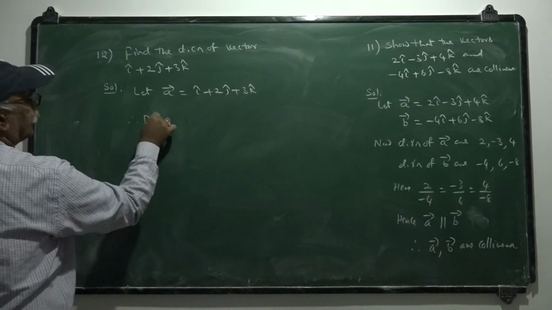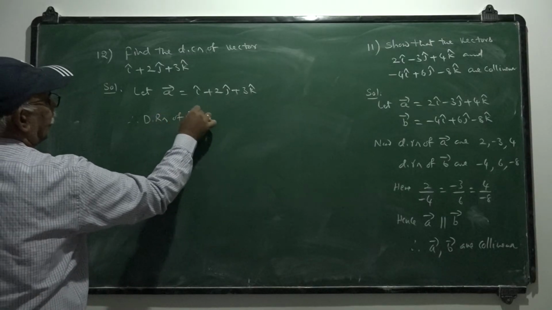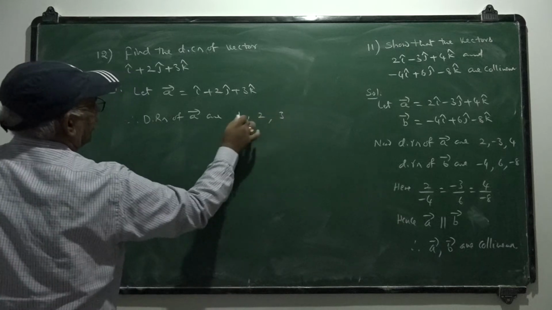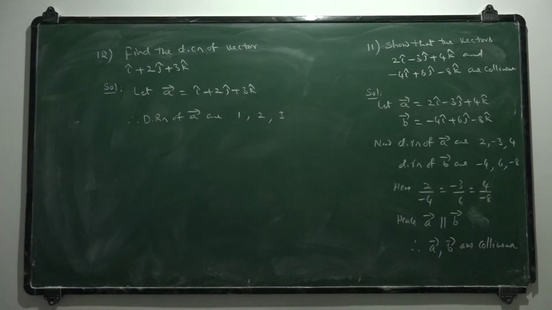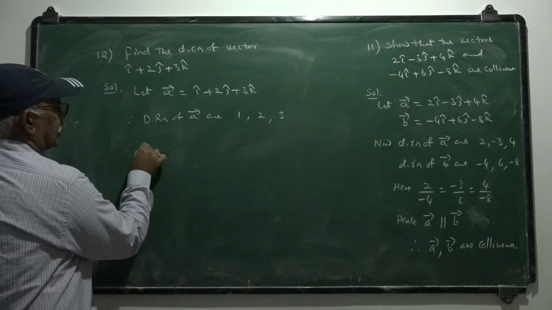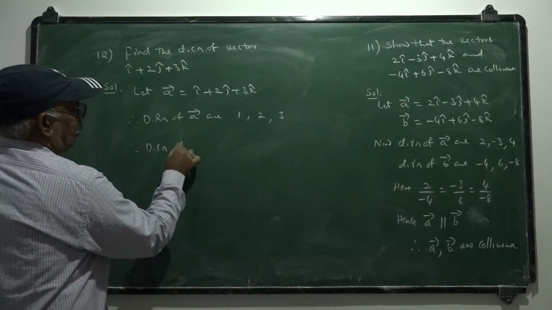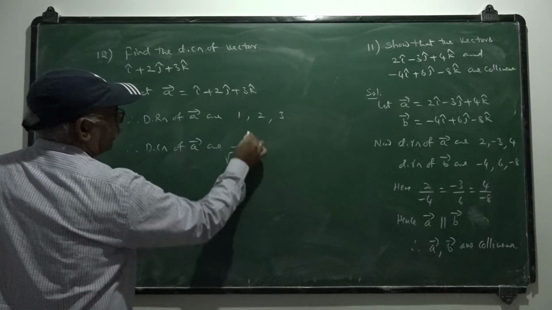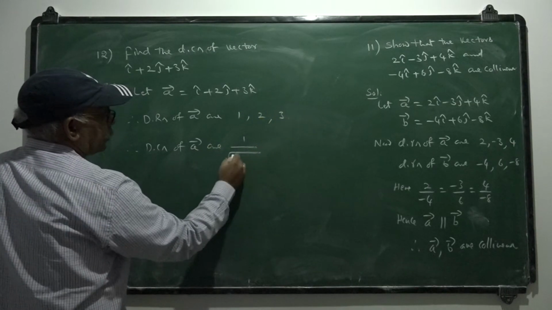Therefore, DRs of the vector A bar are 1, 2, 3, that is a1, b1, c1. Once DRs are known to us, DCs of A bar are a1 by square root of a1 square plus b1 square plus c1 square, and so on.